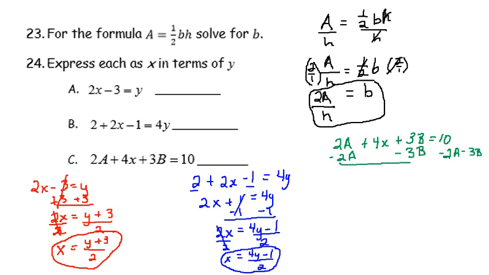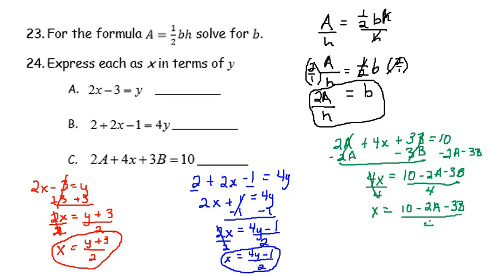None of these on the right side of the equal sign are like terms. So that gives us 4x equals 10 minus 2a minus 3b. We can divide everything by 4 to get rid of that 4 that's being multiplied to the x. Those cancel out, and you get x equals 10 minus 2a minus 3b divided by 4. And that is your answer for 24C.